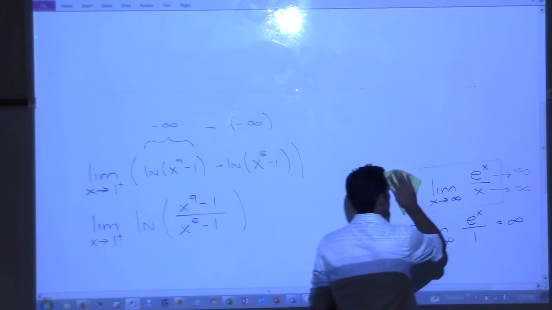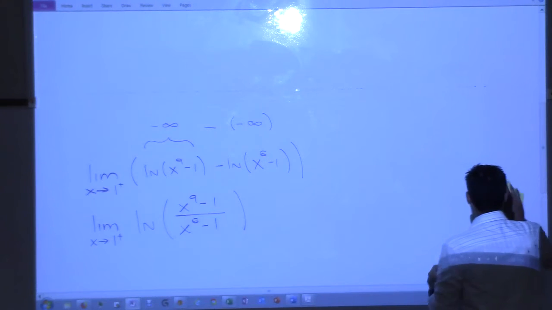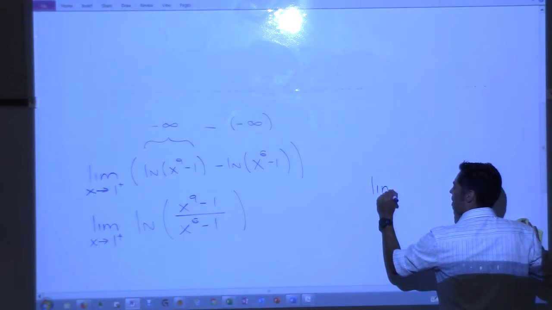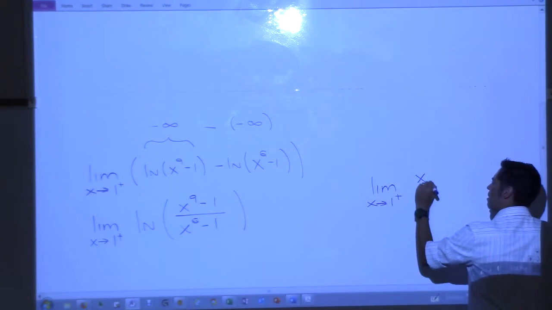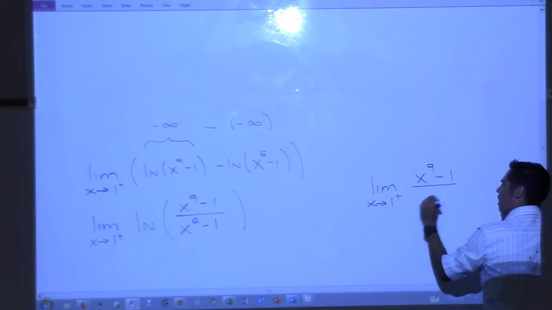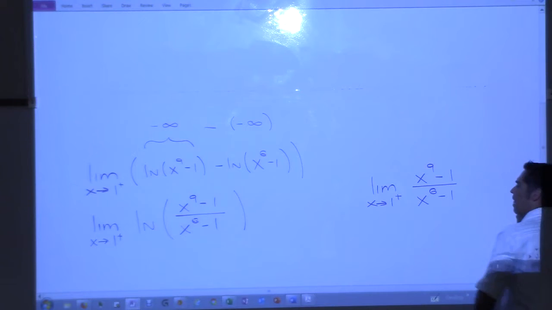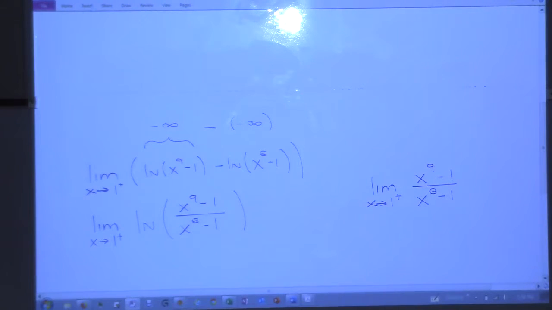So over here on the side, I'm going to figure out what is the limit as x approaches 1 from the right of x to the 9th minus 1 over x to the 6th minus 1. And we've actually done this a few times now where we had 0 over 0. We just do derivative top and bottom separately, right?